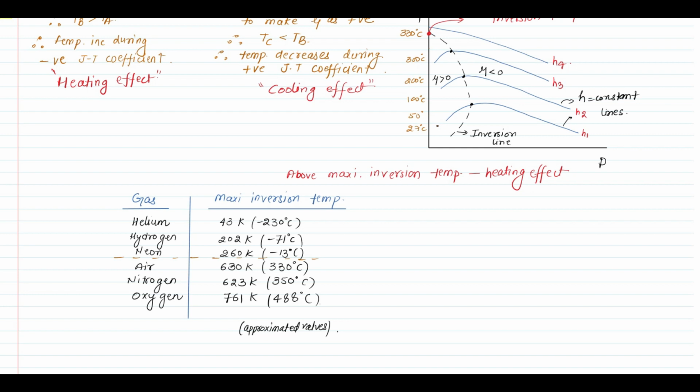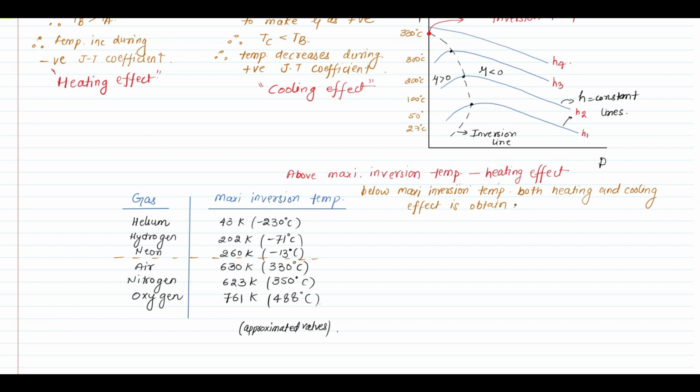After plotting this maximum inversion temperature and other temperatures on the PT diagram for air, we find that below the maximum inversion temperature, both heating and cooling effects are obtained from the gas.